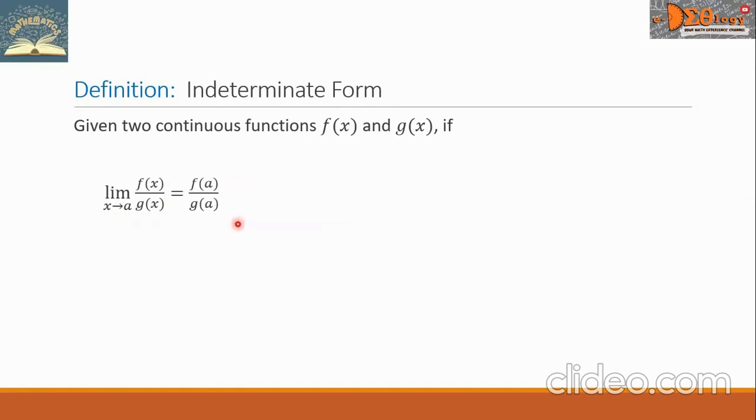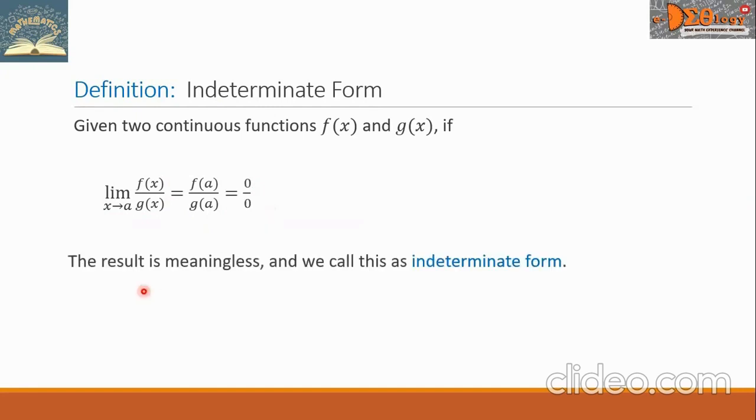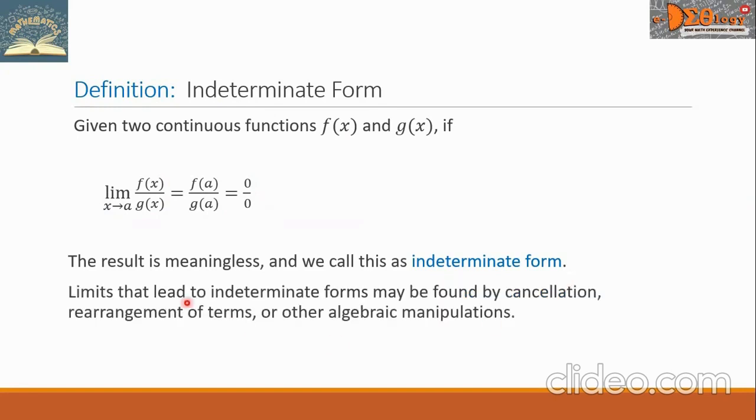And if this fraction results to 0 over 0, the result is meaningless, and we call this indeterminate form. Limits that lead to indeterminate forms may be found by cancellation, rearrangement of terms, or other algebraic manipulations.